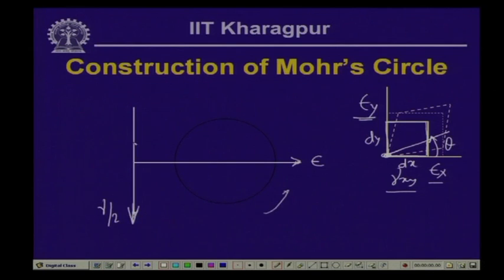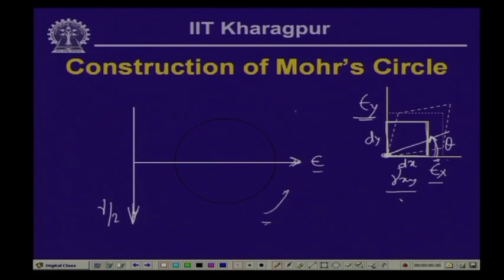If we consider gamma positive in the upward direction, then the anticlockwise orientation in the physical plane will be clockwise in the Mohr's plane. To keep the parity between the physical plane and the Mohr's plane, we keep the axis direction as positive for epsilon on the right hand side and gamma by 2 in the downward y direction.